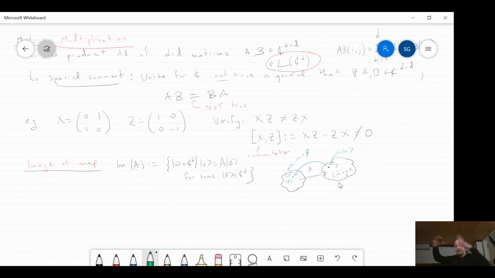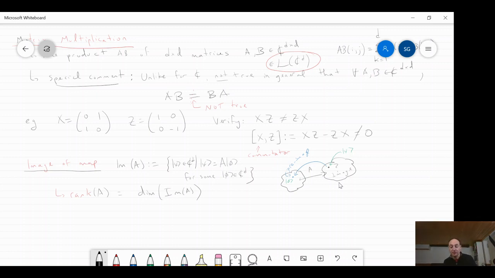It's essentially the output space of this map, or the set of output vectors. And of course, this output space is a vector space, and so we could talk about its dimension. And so the rank of A is what? It's just going to be the dimension of the image of A. Okay, so the image of A is a vector space.